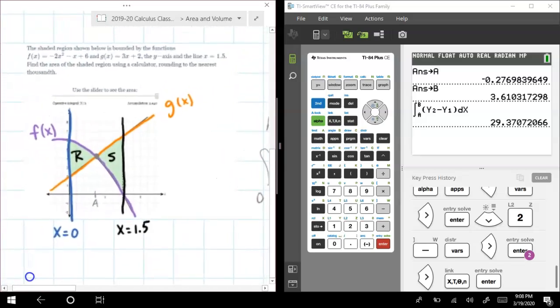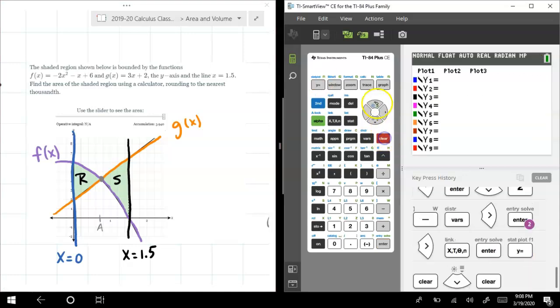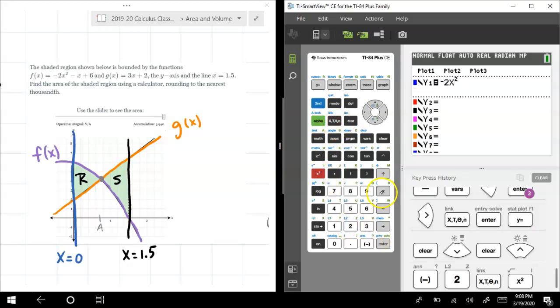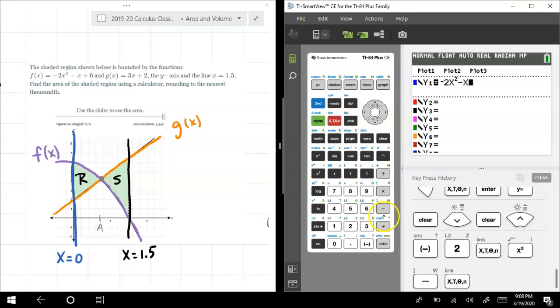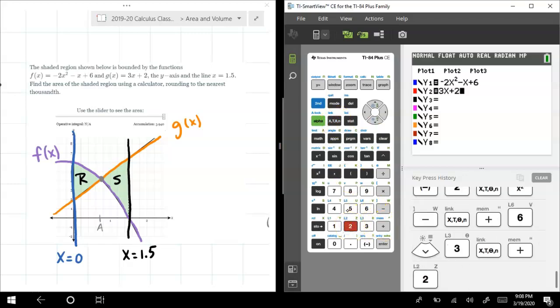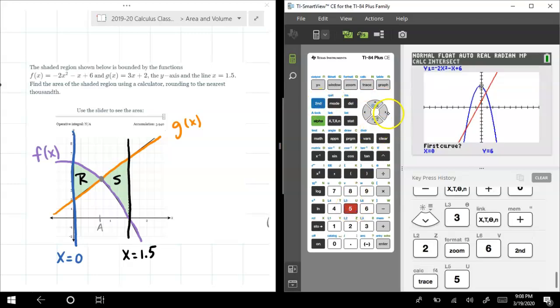So let's use our calculator to find this point of intersection. I'm going to put f of x into y1, and g of x into y2. So I'm going to find this point of intersection.